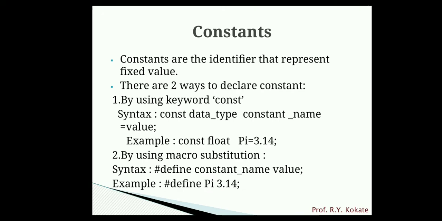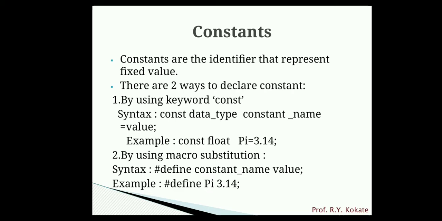Next, what is a constant? Constants are identifiers that represent a fixed value. There are two ways to declare a constant. Okay, the first method is by using the keyword const. Syntax: const data type constant name equal to value.